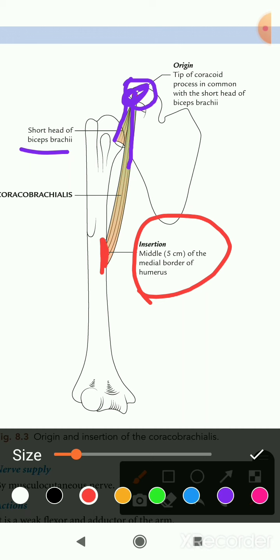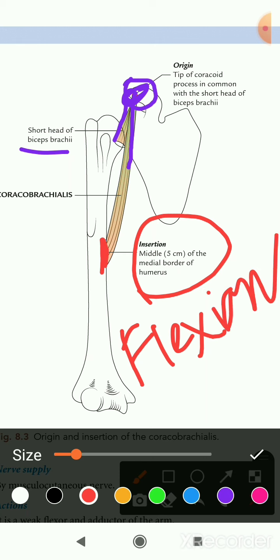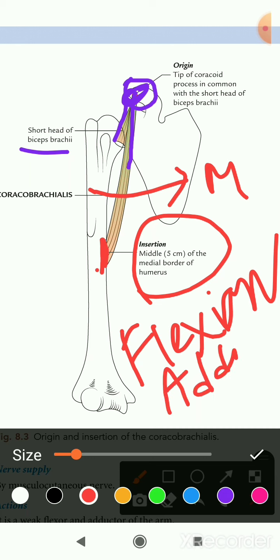As it is located in the anterior or flexor compartment, it will cause flexion of the arm, and as it is inserted on the medial border of the humerus, it will move the humerus medially. Medial movement is known as adduction. So it will help in adduction and flexion of the arm.